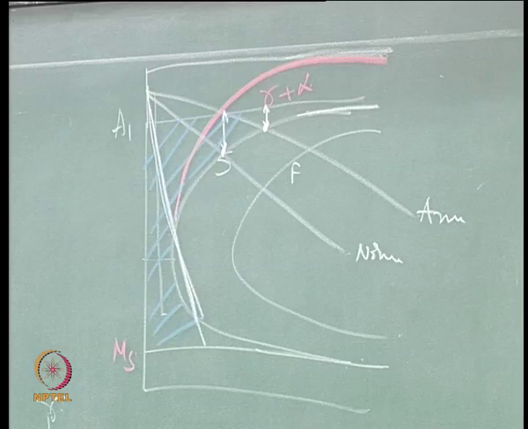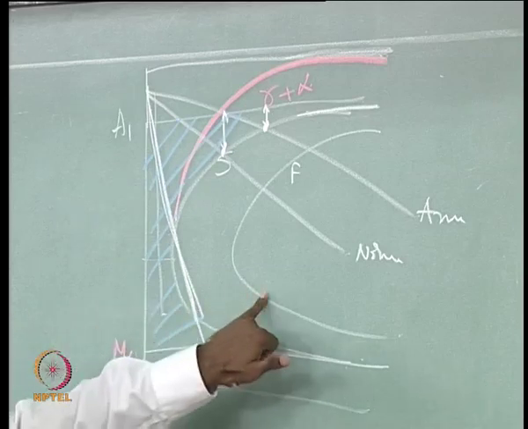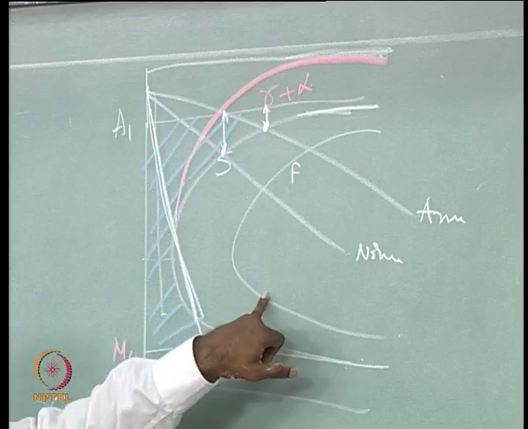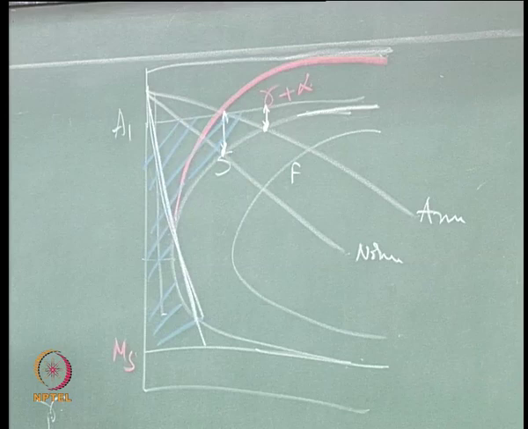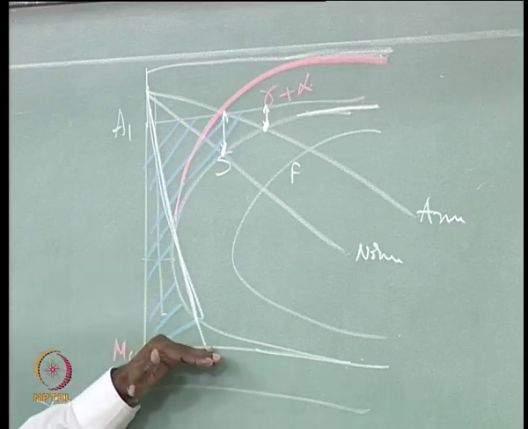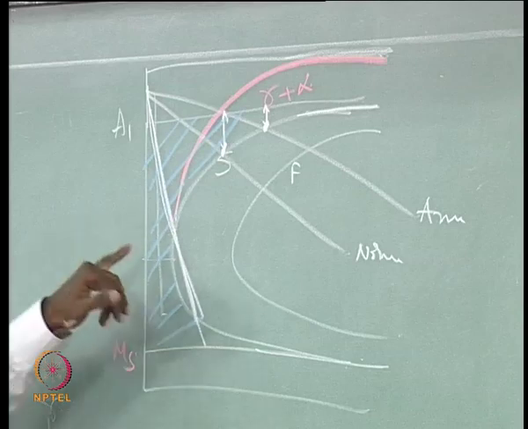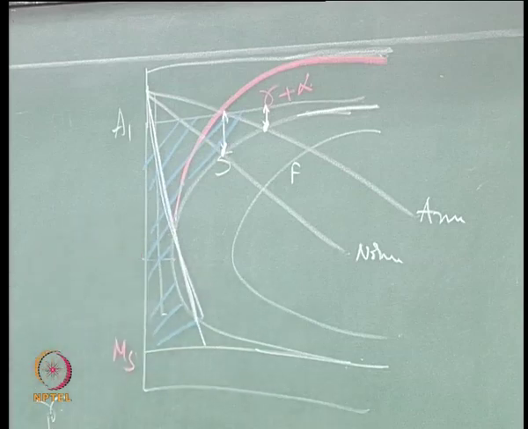But because the cooling curve is not intersecting this, only some amount of gamma will transform to pearlite, the remaining gamma will be left out, and once you reach below the Ms, that remaining gamma will undergo a martensitic transformation. So such an alloy would not give you any proeutectoid alpha, it would simply give you pearlite plus martensite.